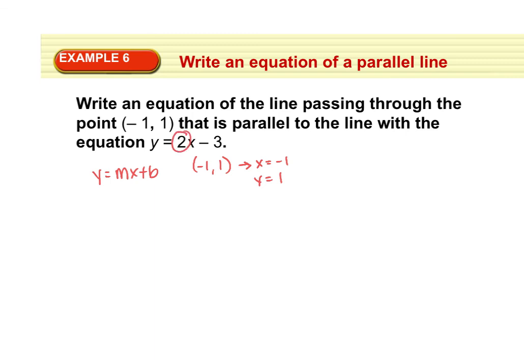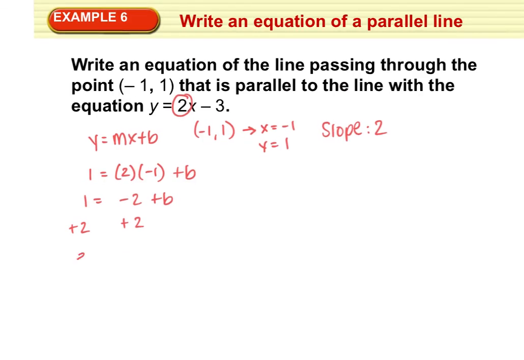What we don't know is b, right? So let's plug everything in. We've got y, which is 1, equals m, which is 2, times x, which is -1, plus b. So this becomes 1 equals -2 plus b. We can add 2 to both sides.